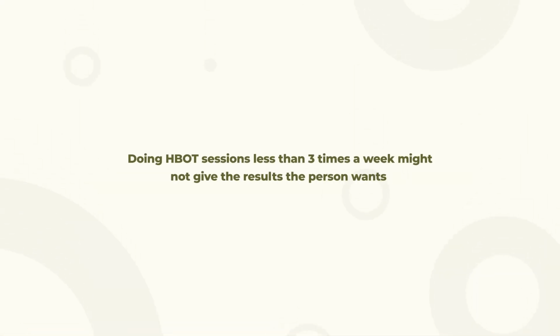Doing less than 3 times a week is not necessarily therapeutic and will not bring the effects that the person is looking for. However, 3 times a week was a good frequency.